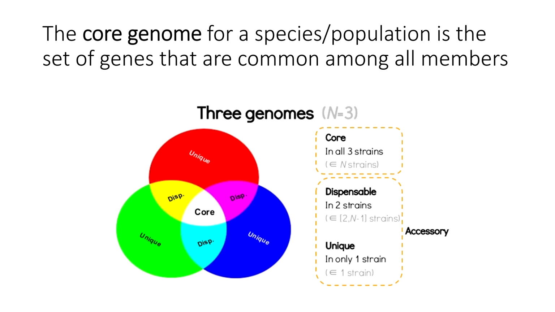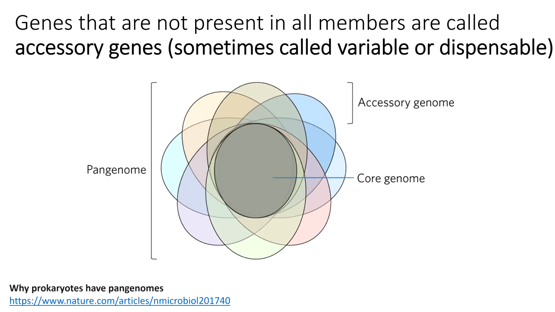When we're looking at those genomes, we define the core genome as those genes that are present in all members that you're looking at. I'm just going to pretend we're talking about a species, let's say E. coli. So the core genome would be the genes that are found in every member of E. coli. This is not actually all genes or even a large majority of the genes.